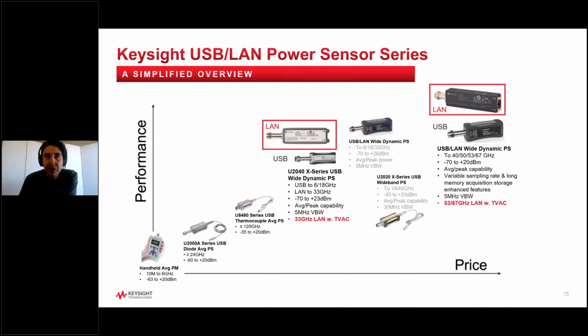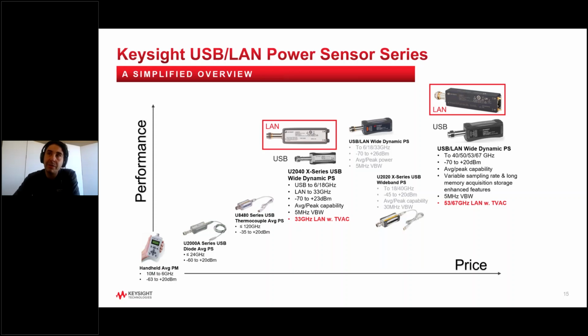So we have a 33 gigahertz LAN with TVAC option. In our upper right-hand side, combining performance at price, we also have our wide dynamic range power sensors. Here in the top is our LAN version. We also have a USB version too.